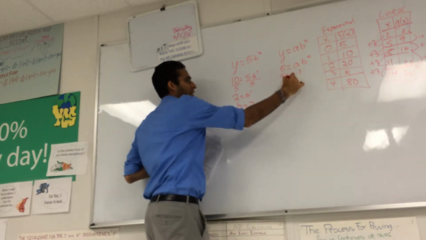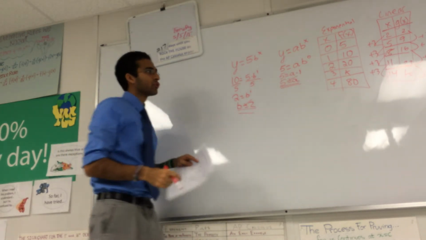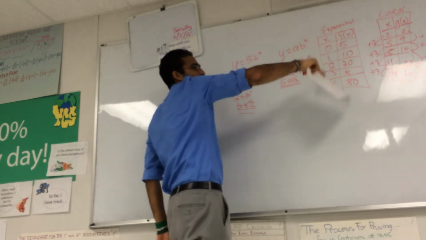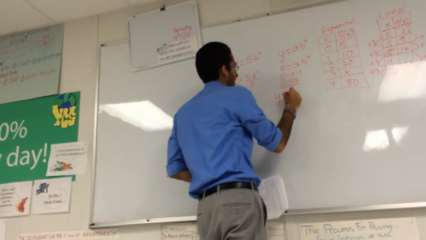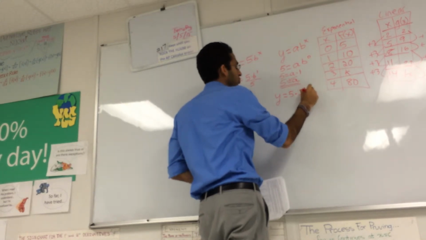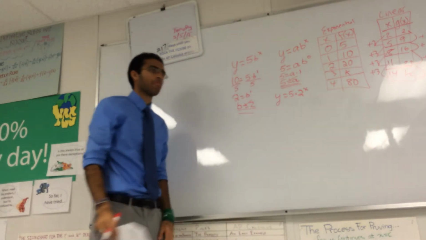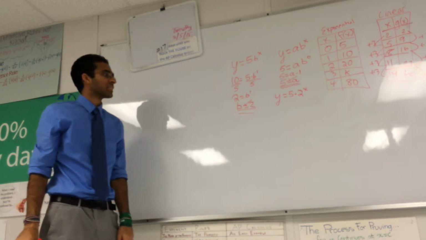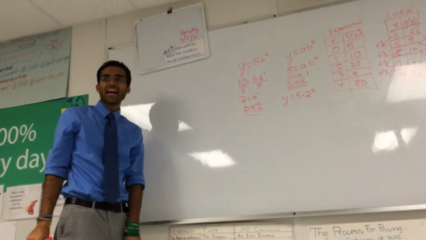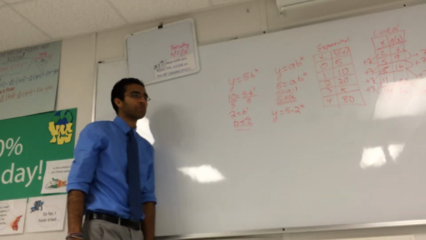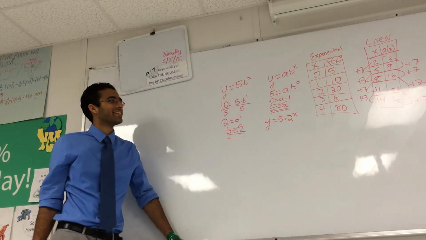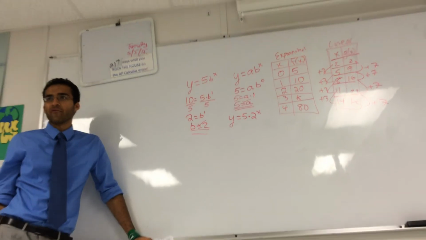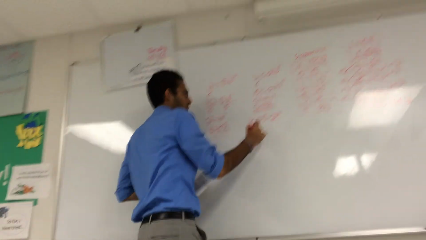So I've got a, got b. So now I know the equation of this function is y equals 5 times 2 to the x power. And now I'm in a really good position to find k. I can plug in 3 for x, and I'll get k for y.